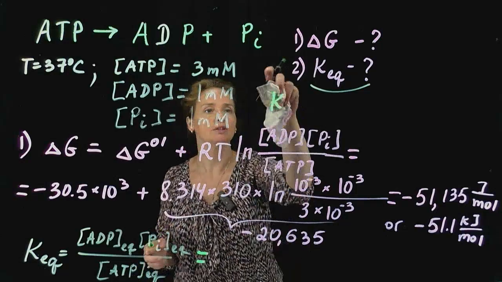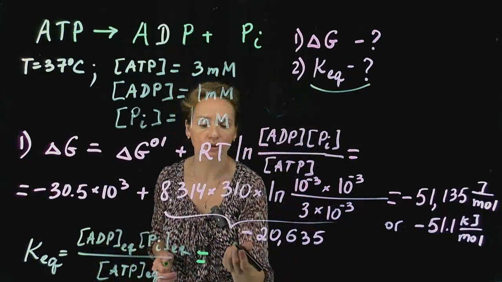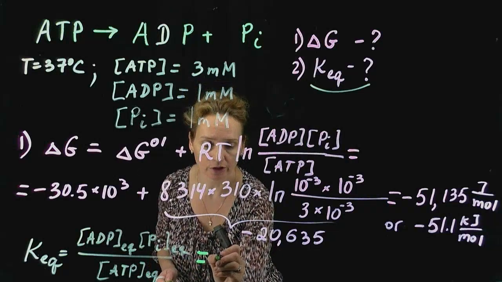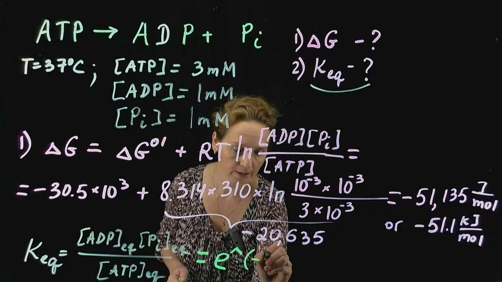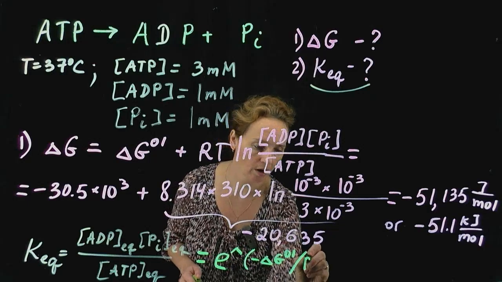Actually, our equilibrium constant can be calculated based on the free energy change under standard conditions as e to the minus delta G naught prime over RT.